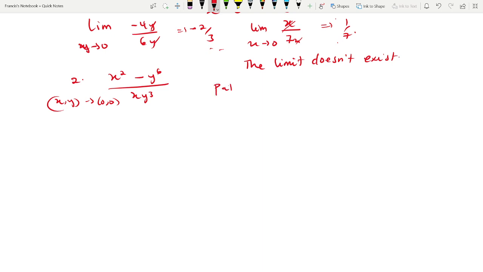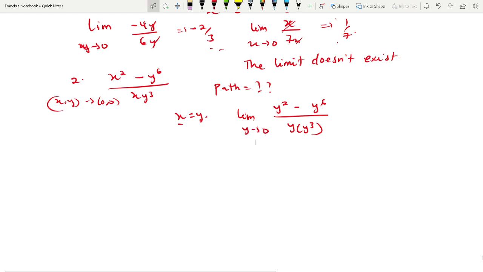So which path should we take? We should take a path that will fit the function or make for easier simplification. So we can assume one path to be, let's say, x is equal to y. Wherever I see x, I'll put y. So my function is now going to be (y squared minus y to the power 6) all over (y multiplying y cubed), limit as y approaches 0.